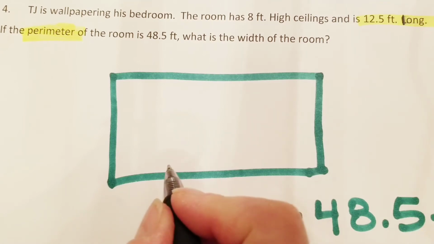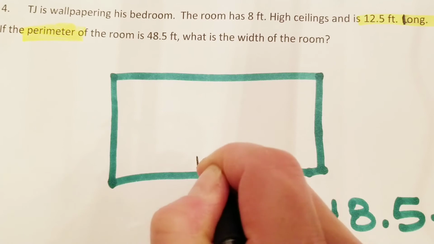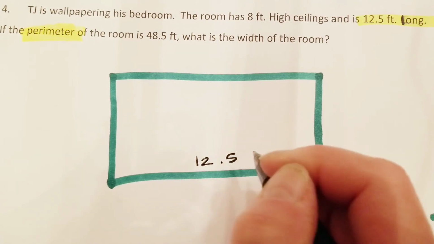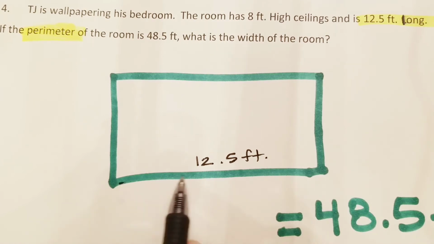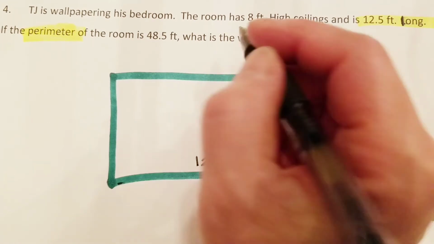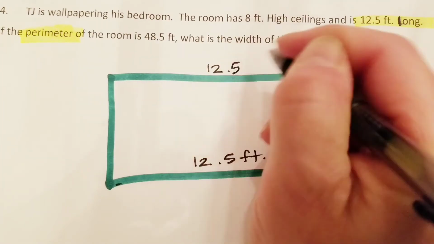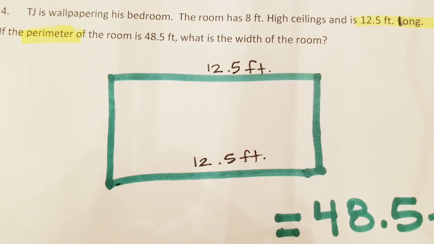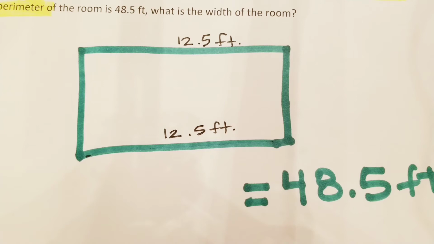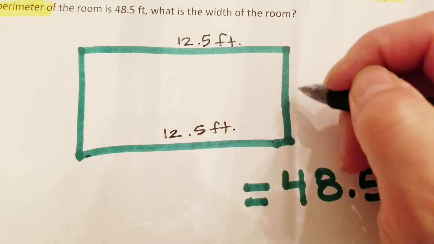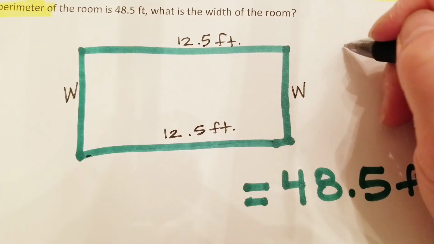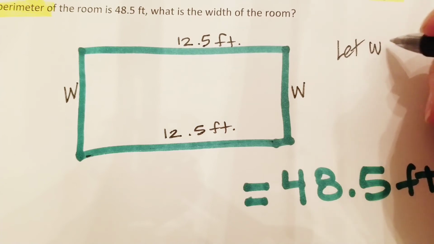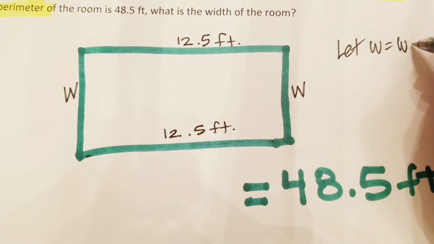I'm just going to draw in my diagram here: 12.5 feet long. And if this is 12.5 feet long, this is 12.5 feet long. So let's take a look at what our width is. Well, we don't know our width. That is the big unknown. So I'm going to write over here, let W equal width.